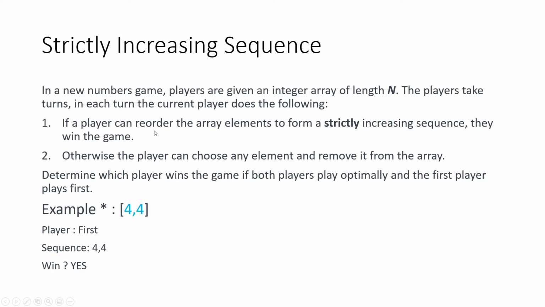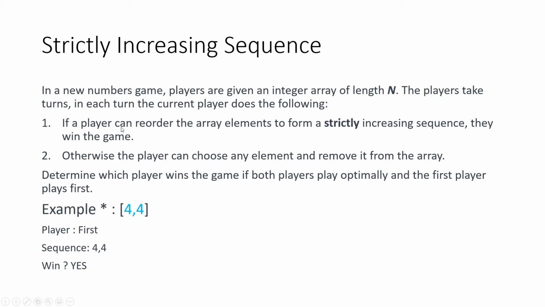Note that here he has to reorder the array to form a strictly increasing sequence. So to form a strictly increasing sequence, the numbers in the array should be unique. And then we don't need to reorder, we just need to verify that the numbers in the array are unique.